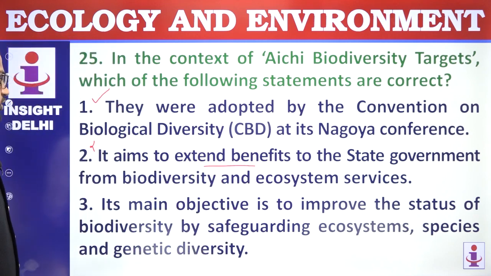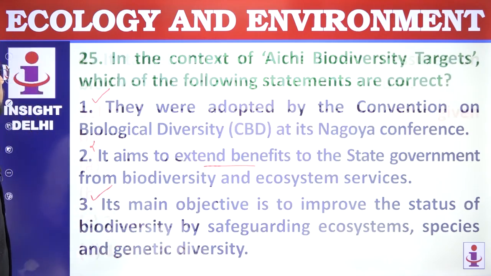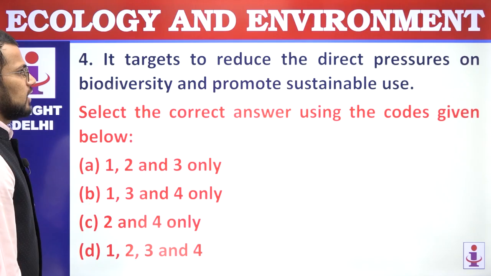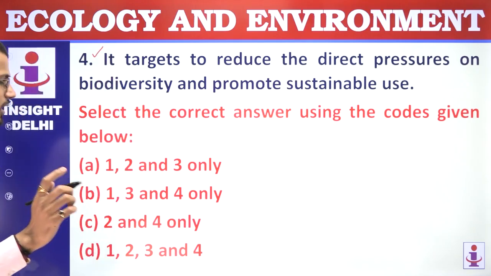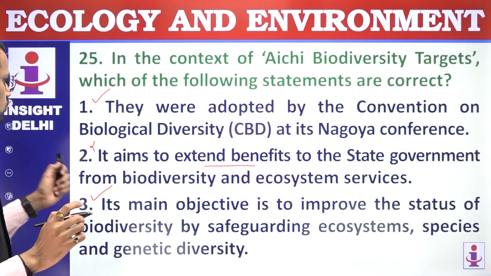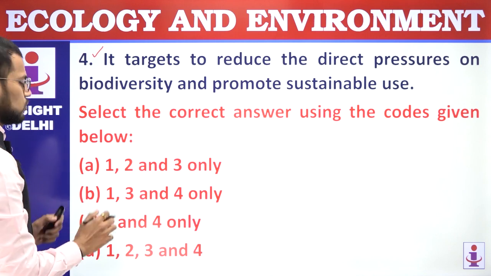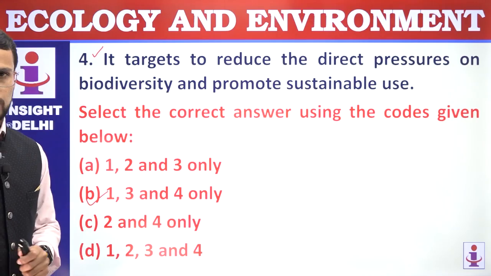Third, its main objective is to improve the status of biodiversity by safeguarding ecosystem, species and genetic diversity, which is correct statement. Fourth, it targets to reduce direct pressure on biodiversity and promote sustainable use. Again, that statement is correct, right? So only statement number 2 is incorrect. First, third and fourth statements are correct. We are supposed to find out correct statements, and that's why answer is B, 1, 3 and 4.